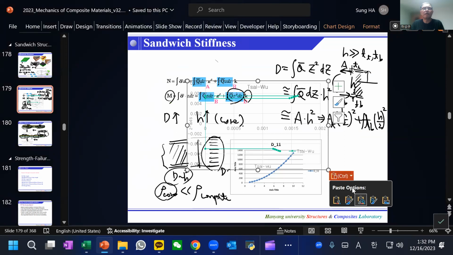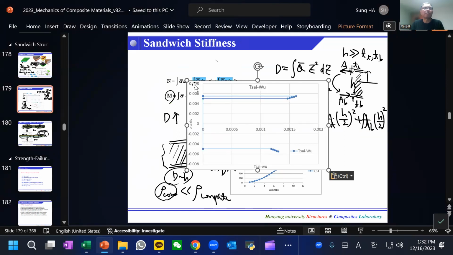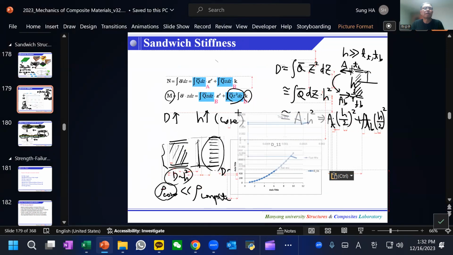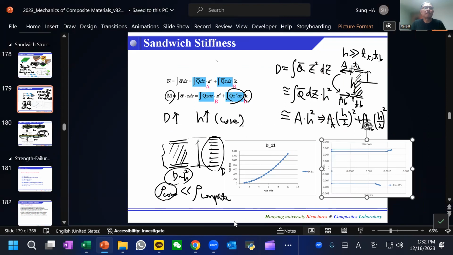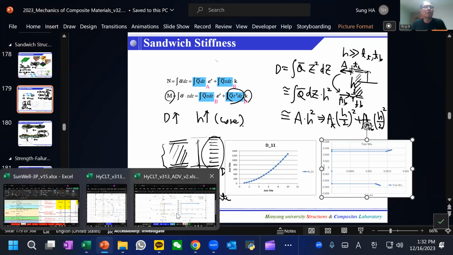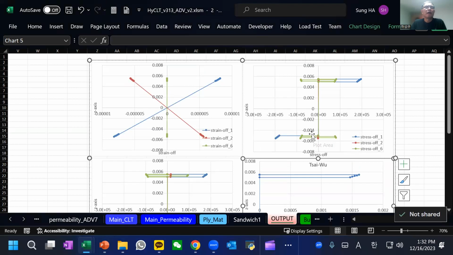One is tension, and the other will be compression. Again, if we go to here, the stress, one axis, is the one we apply the load, and the stress will be tension on the top, and the bottom is compression, right?